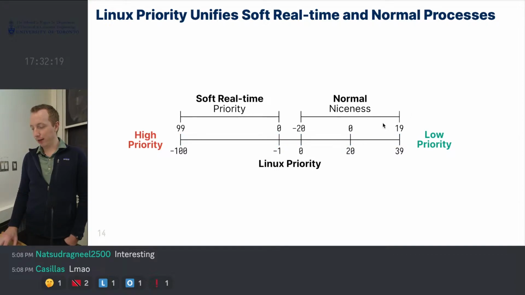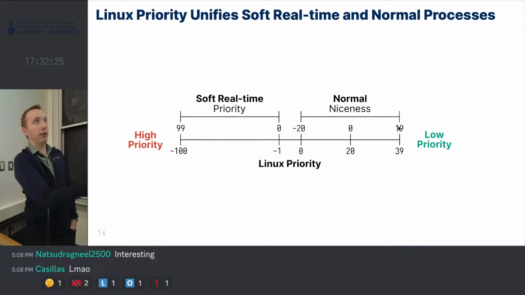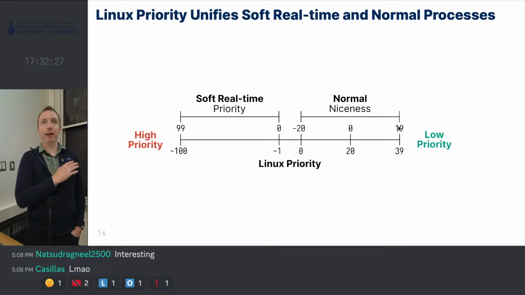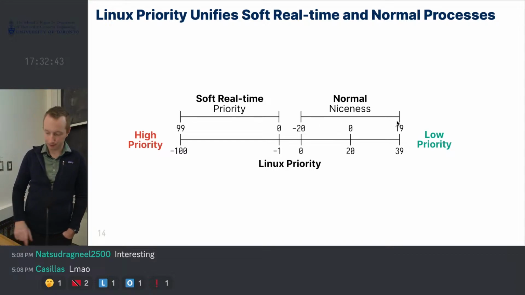Niceness varies from -20 to 19, and on this scale, anything to the left means it is high priority, and anything to the right means it's low priority. So for normal processes, -20 is towards the high priority side, and 19 is towards the low priority side, and they can range from -20 to 19.